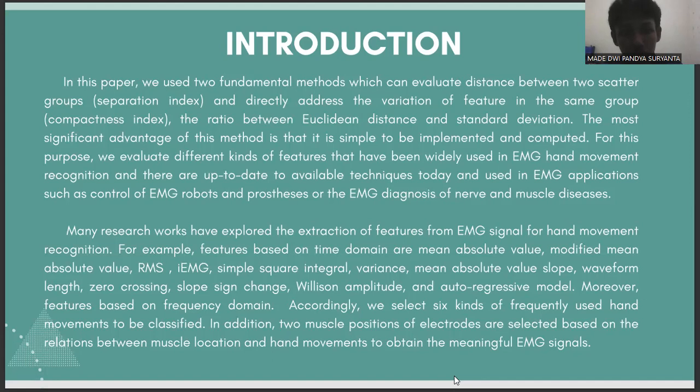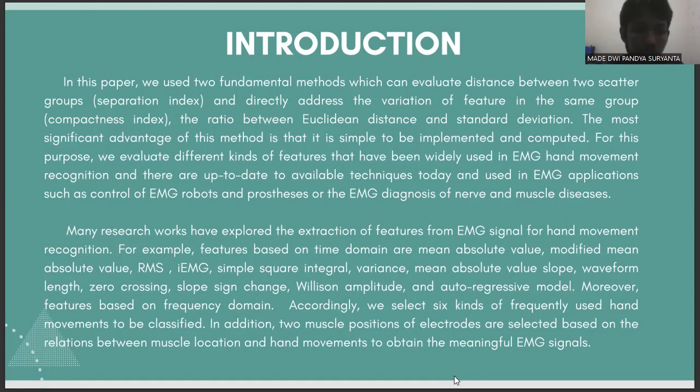Many research works have explored the extraction of features from EMG signals for hand movement recognition. For example, features based on the time domain are mean absolute value, modified mean absolute value, RMS, integrated EMG, simple square integral, variance, mean absolute slope, waveform length, zero crossing, slope sign change, Willison amplitude, and autoregressive model.